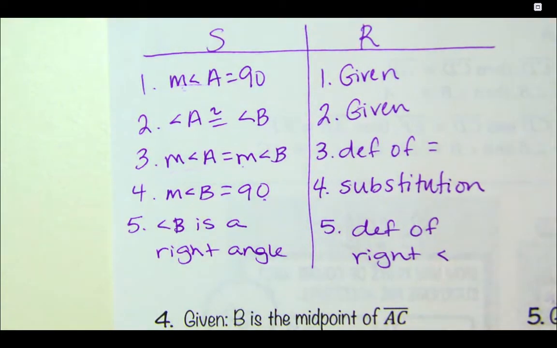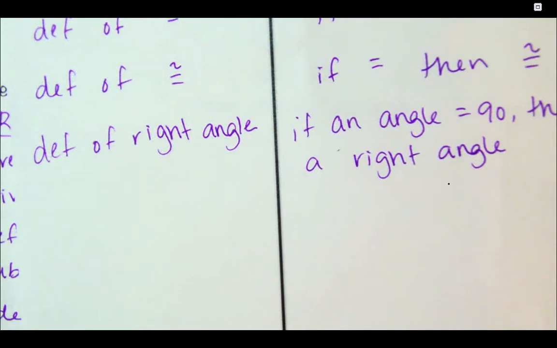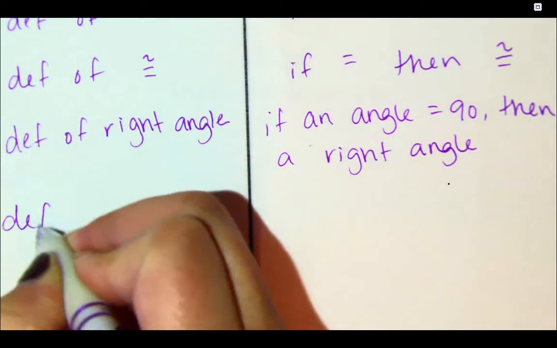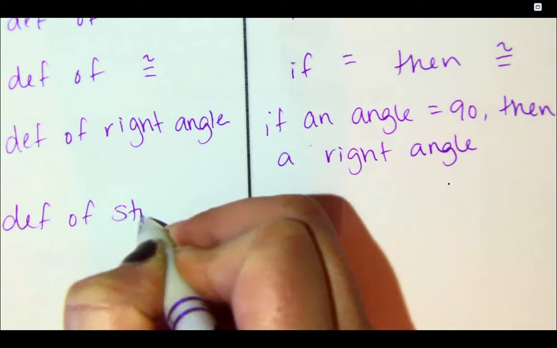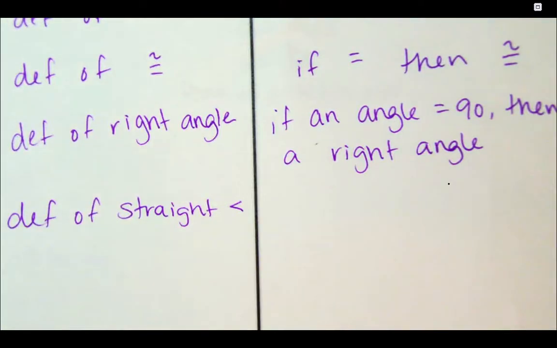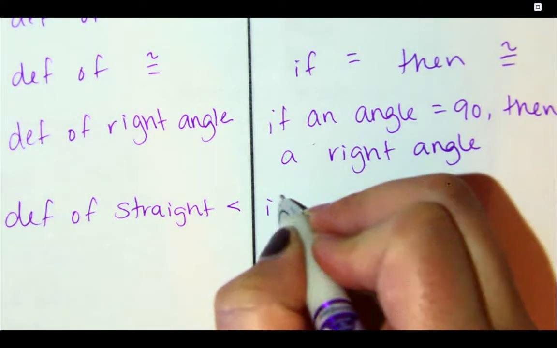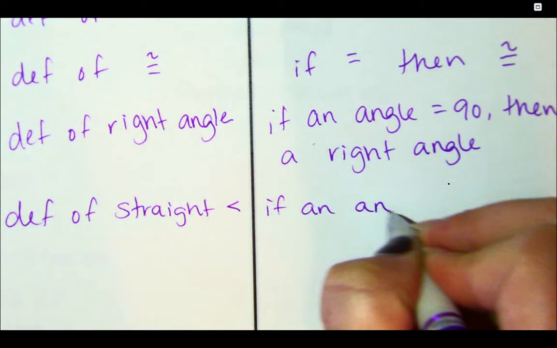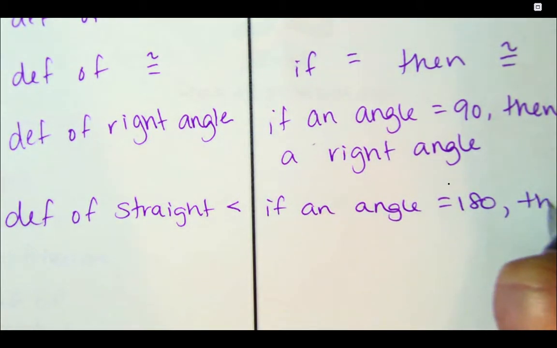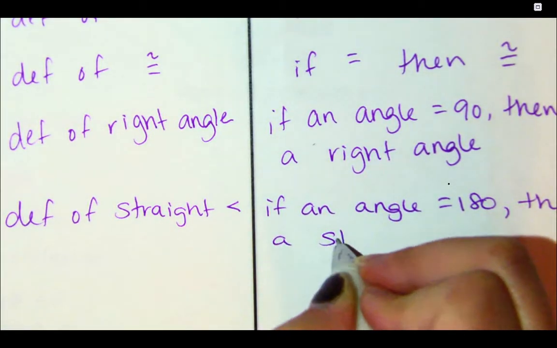Okay, we've got another property to add that we're going to use for number 3. Pretty much the same exact thing, but it's a straight angle instead. So this is definition of straight angle. So if an angle equals 180 degrees, then it's a straight angle.